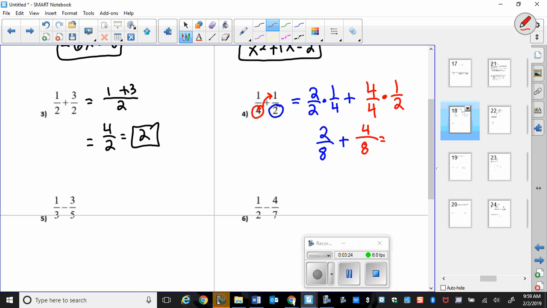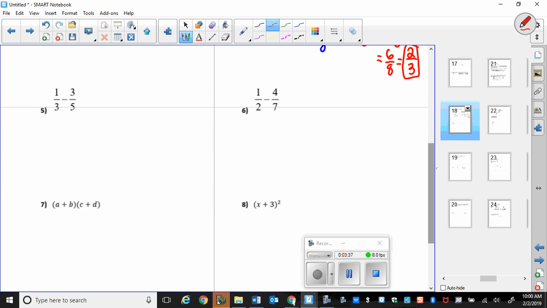But you have to take it step by step. So this becomes 2 plus 4 over 8. This equals 6 over 8. Reduced, it's 2 over 3. Next, so I know at this point the 3 is going over here and the 5 is going to the left. So 5 over 5 times 1 over 3 minus 3 over 5 times 3 over 3.